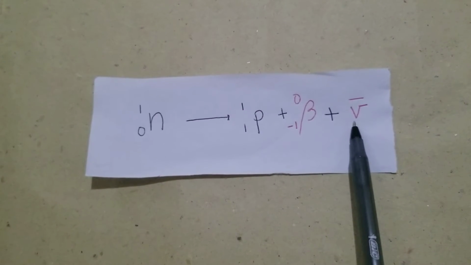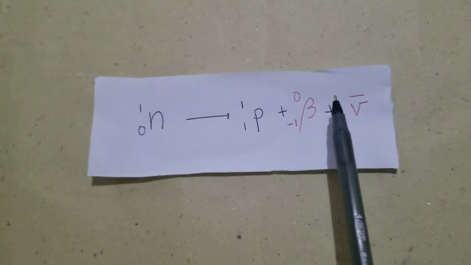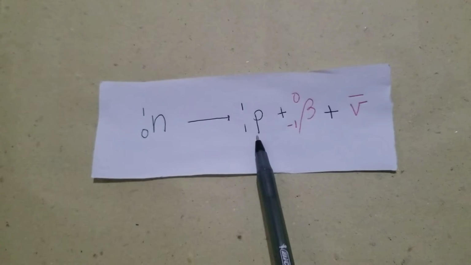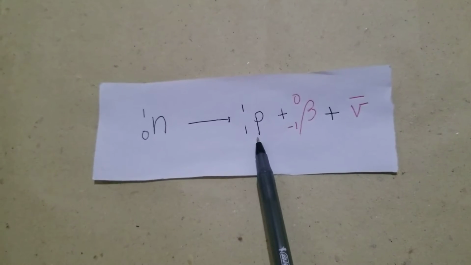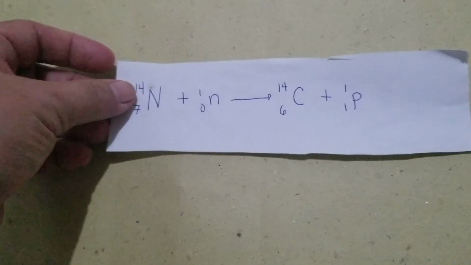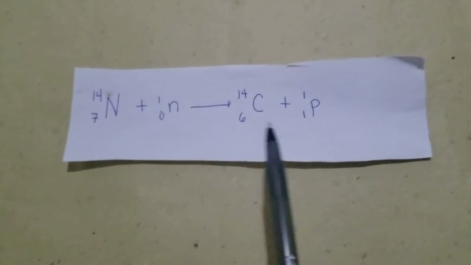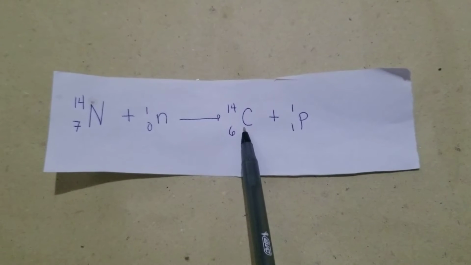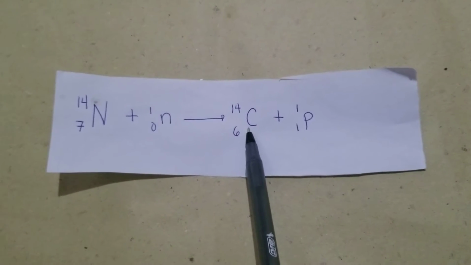The proton remains in the nucleus and increases the atomic number by 1. Carbon-14 is radioactive and eventually undergoes beta decay.